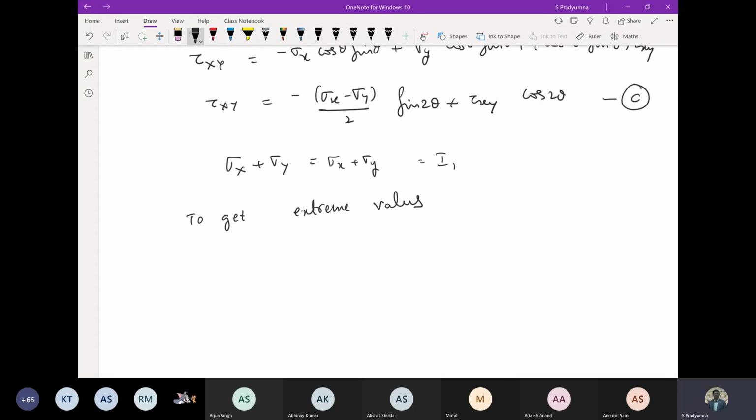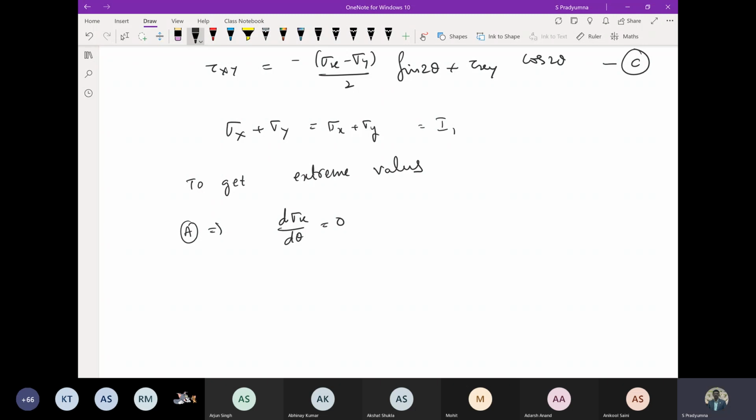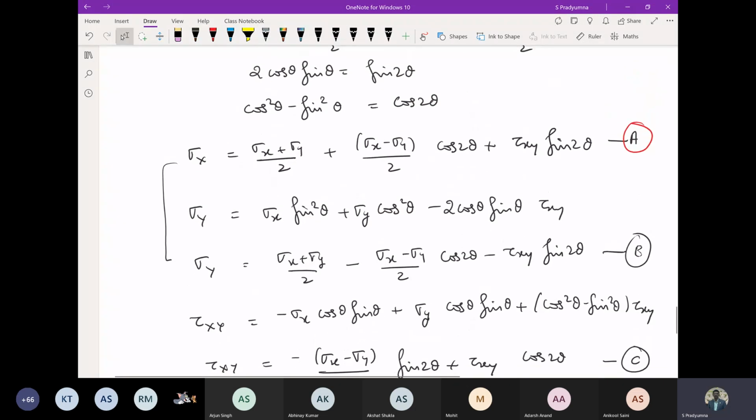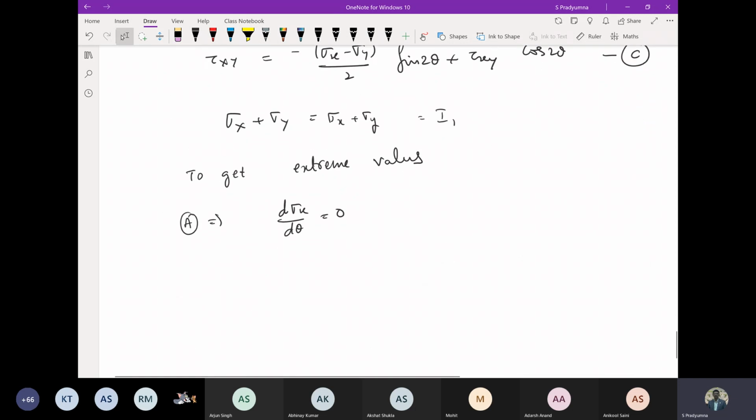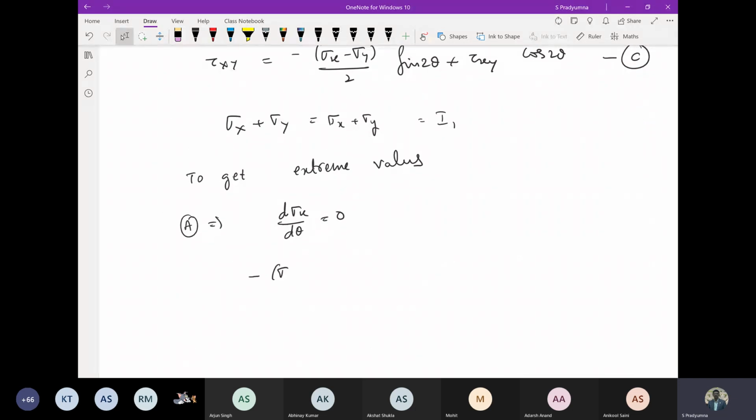from equation A, we consider d sigma x by d theta is equal to 0. If I take the derivative of this equation, I get minus of sigma x minus sigma y sine 2 theta plus 2 tau xy cos 2 theta is equal to 0.